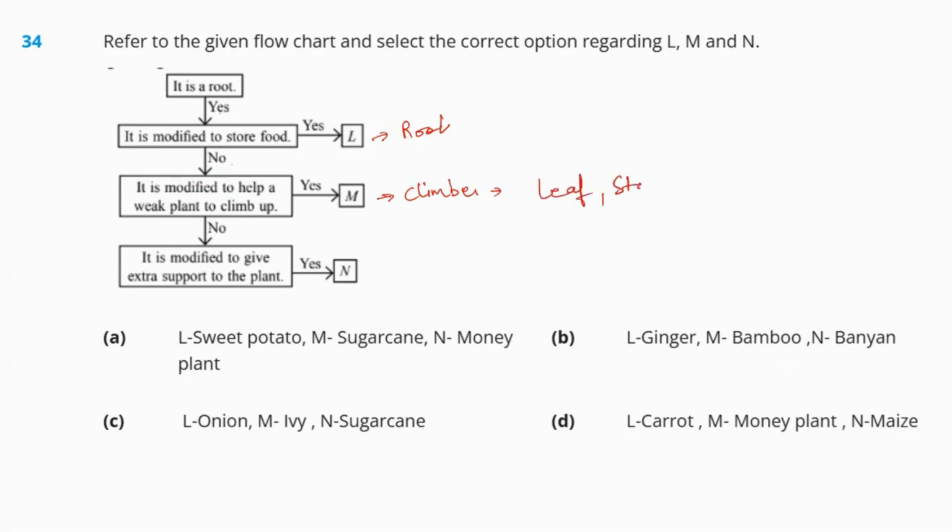It can be your stem. It is a root. Yes. It is not modified to store food. No, it is modified to give extra support to the plant. So N is for the support.